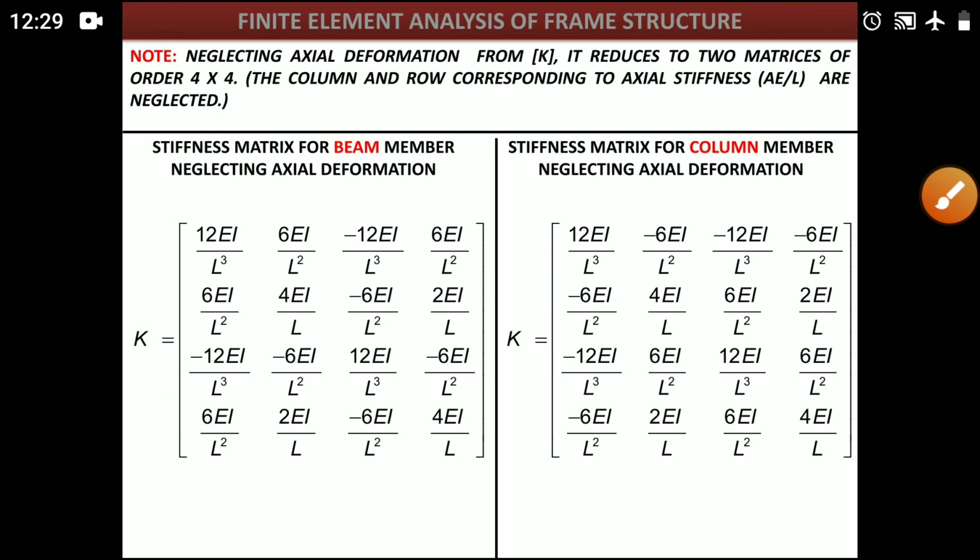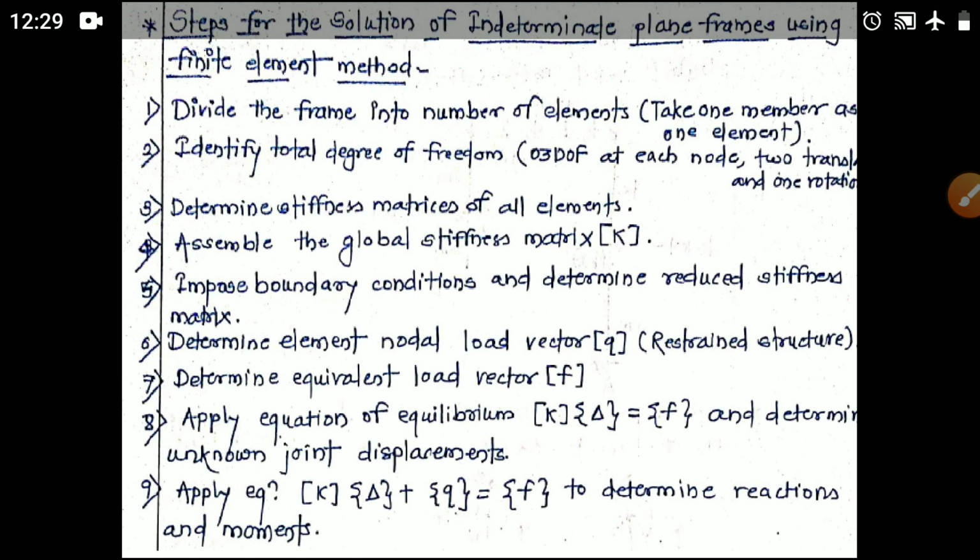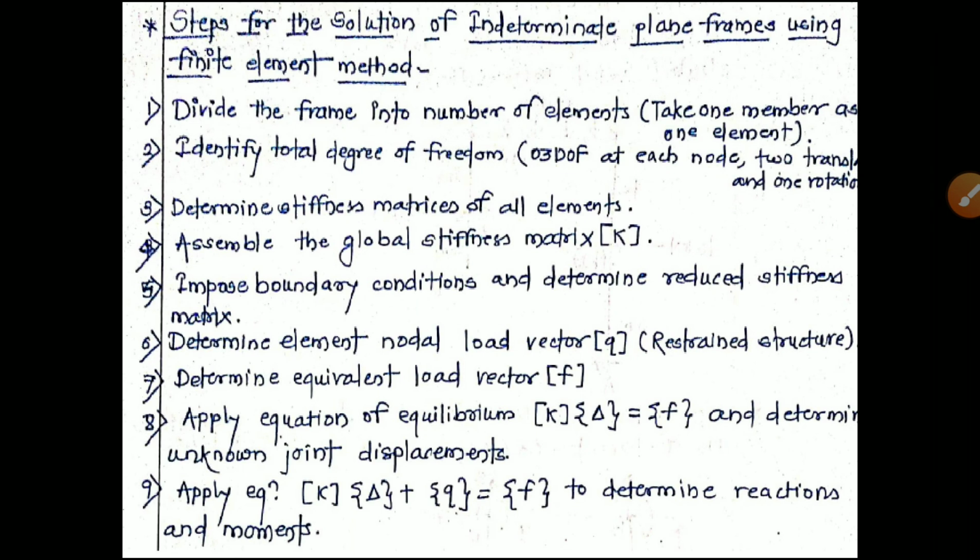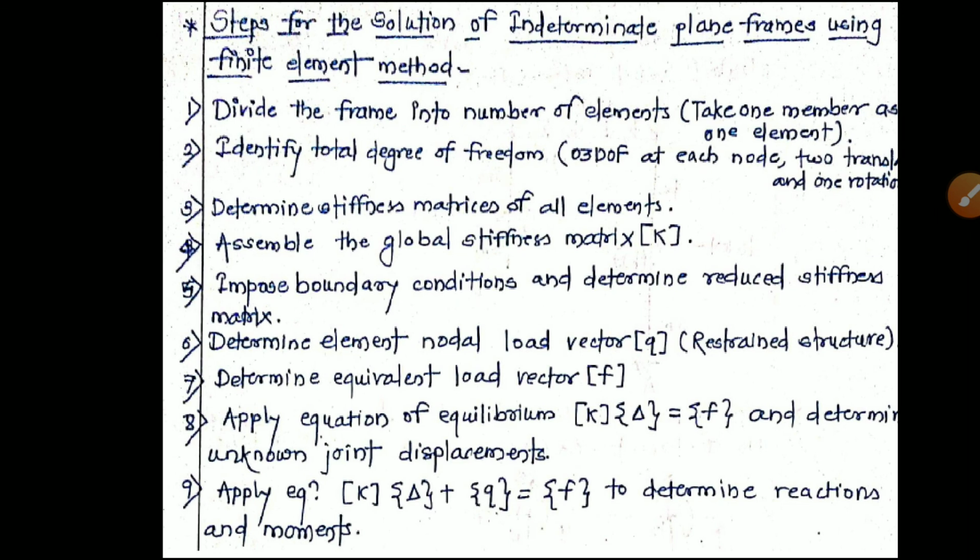Okay, so this way you can remember the stiffness matrix for beam and the stiffness matrix for column. So henceforth we will use these two matrices to solve the frame problem using the stiffness matrix method. Now these are the steps for solving an indeterminate plane frame using the finite element method or stiffness matrix method, which is somewhat the same as for beam. Thank you.